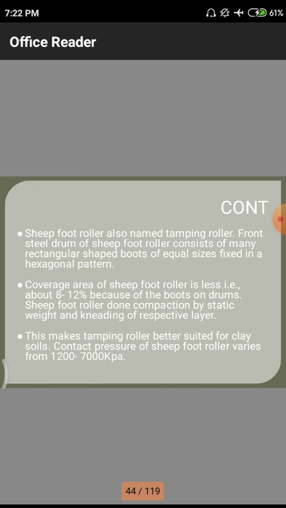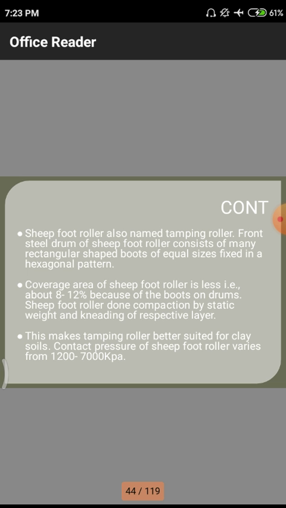How they work on a particular site, we have to know. First, these sheep foot rollers are also named tamping rollers. Tamping in concrete technology means using tamping rods to densify the concrete in different layers. Normally we use 3 to 4 layers of concrete material.